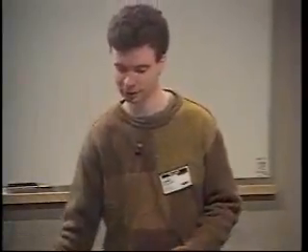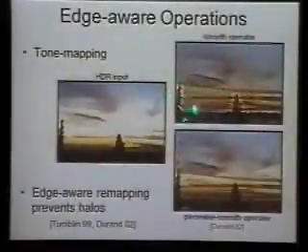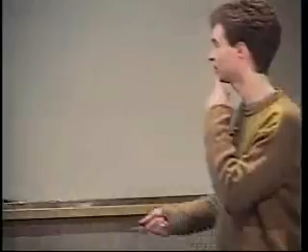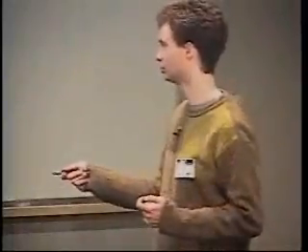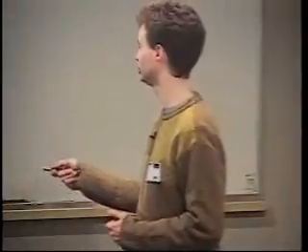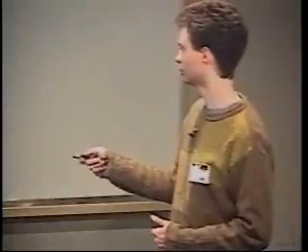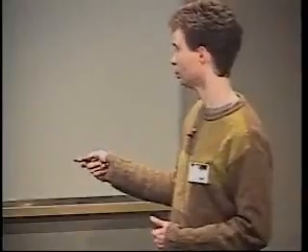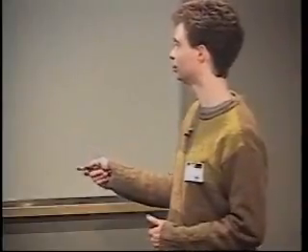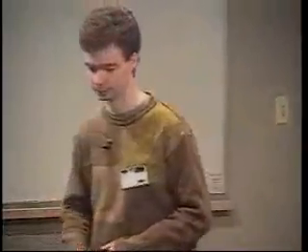But if this operator is smooth, you get halos near strong edges. So the notion of edge-aware remapping has been introduced by Jack Tumblin and reused later by Fredo Durand. And you see that you obtain a solution without any halos by applying a piecewise smooth exposure correction to your initial picture.